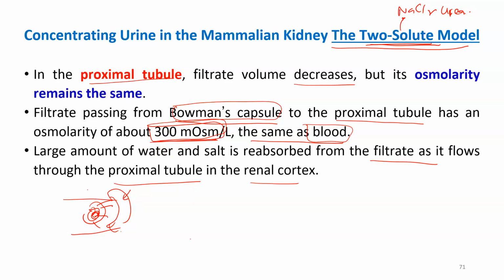A large amount of water and salt is reabsorbed from the filtrate as it flows through the proximal tubule in the renal cortex. So this is what happens in the cortex region. Remember just now the cortex region has the glomerulus and also Bowman capsule and also proximal tubule.